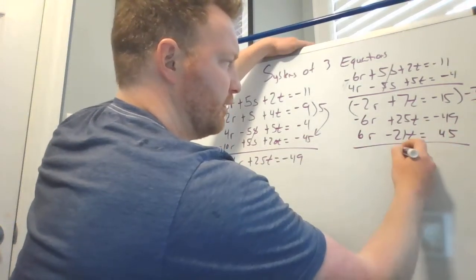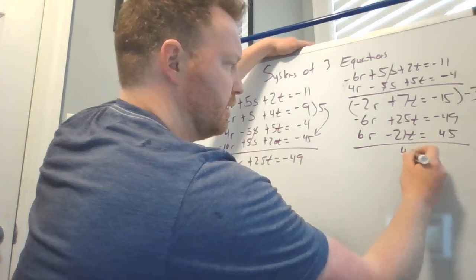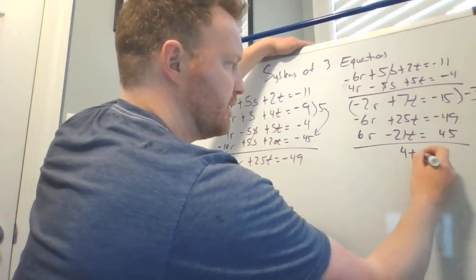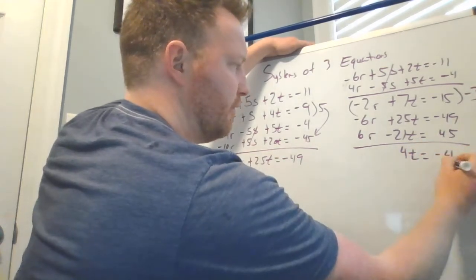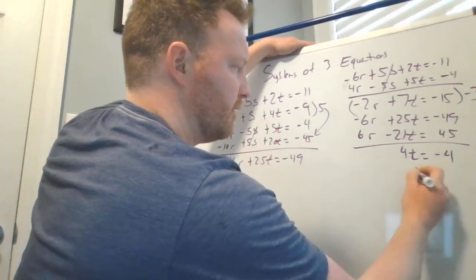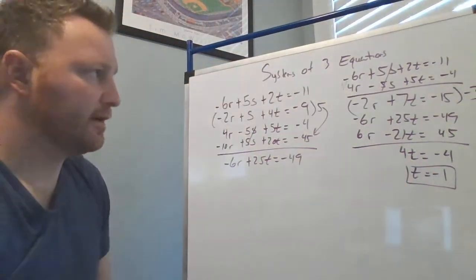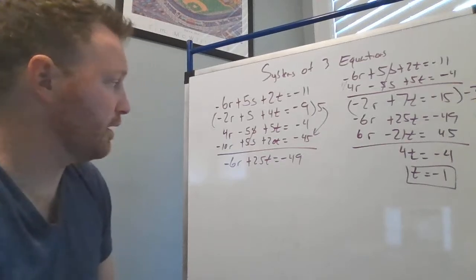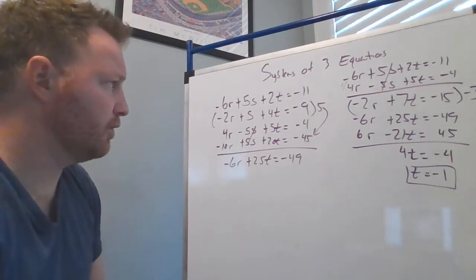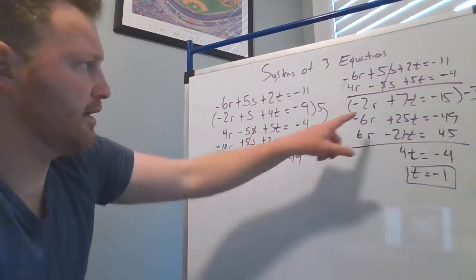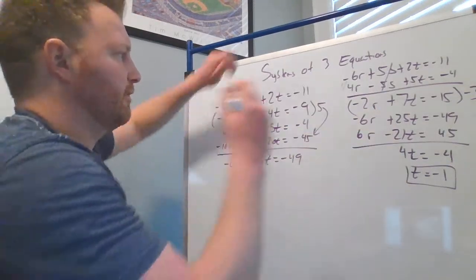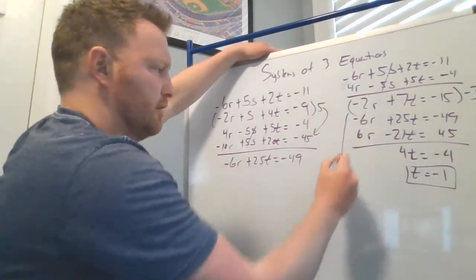And I'm then left with 4t equals negative 4. So then I divide both sides by 4. T equals negative 1. There's that first one. I got one variable out of the way, and I want to solve for r. Lower numbers, I prefer to do that. Let's just use this one.